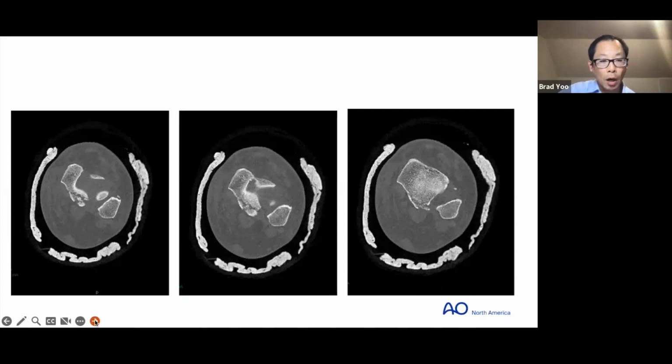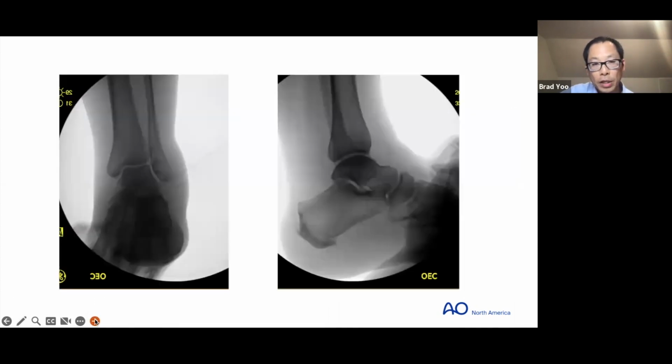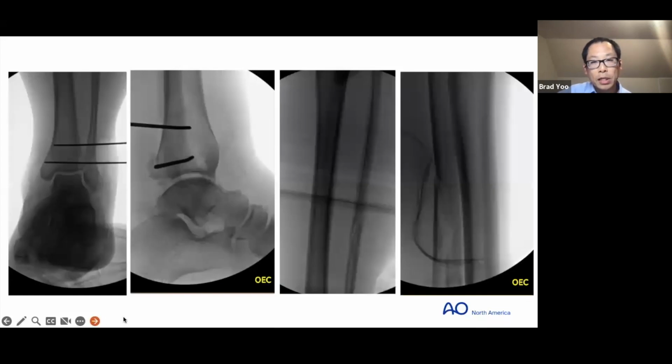Okay. So here's this particular patient's CT scan, and it was deemed by the staff that took care of this patient initially that the posterior malleolus was too convoluted to really get fixation into. So the decision was made to utilize radiographic parameters in order to reduce the syndesmosis, as we had discussed earlier. The decision was also made to not repair the fibula fracture, as it was deemed to be reduced out to length.